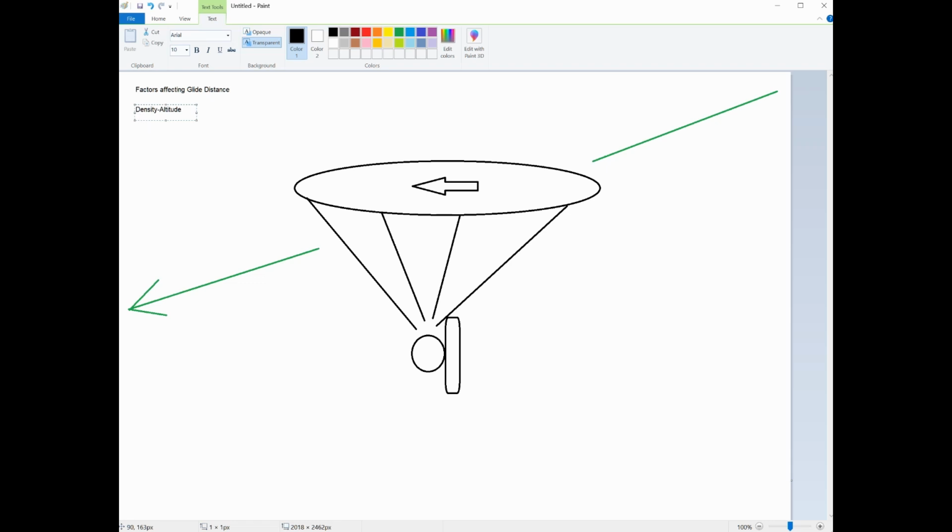And then we have mass, lift and sink. Lift and sink would be thermal action or geographic action, wind action, like you're near a cliff or a mountainside on the front side or back side. Find some sink on that backside. Wing configuration and drag.